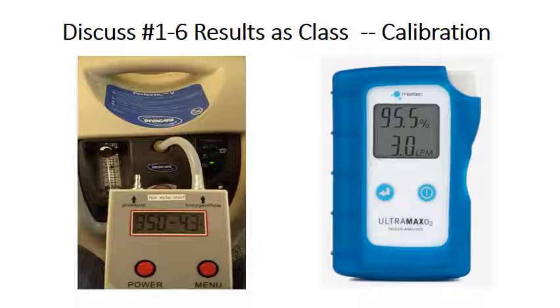Well, this is self-explanatory. We'd like you to discuss as a class the results of what you found on the previous slide in small groups. And just for illustration here, we have 2 of the oxygen concentrator analyzer types that we have in the lab.